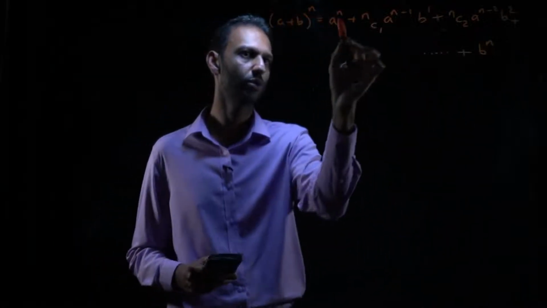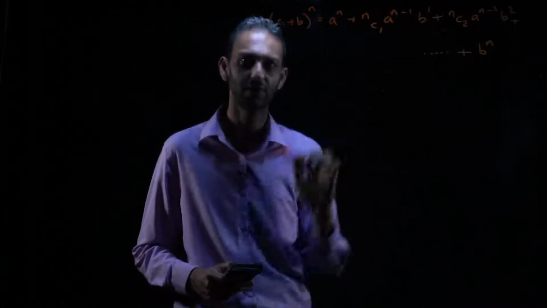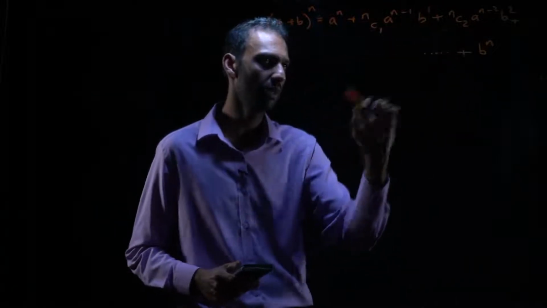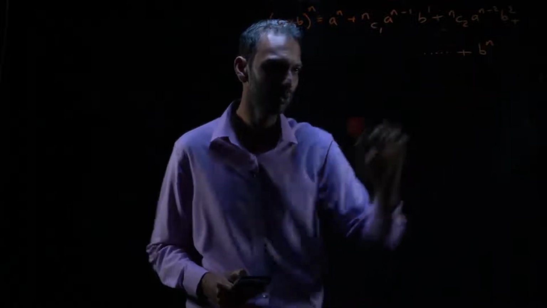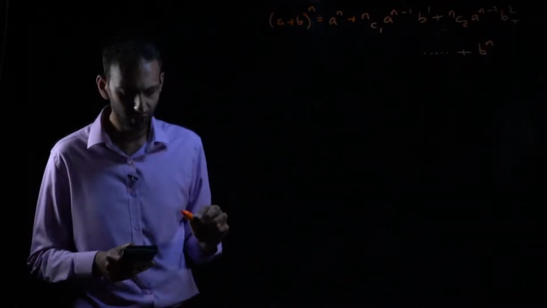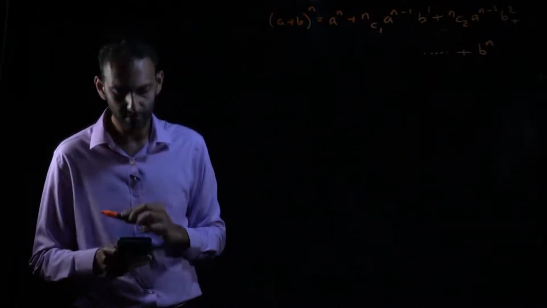So don't forget: a^n + nC1 a^(n-1) b + nC2 a^(n-2) b² + ... + b^n. That's the formula for binomial theorem.